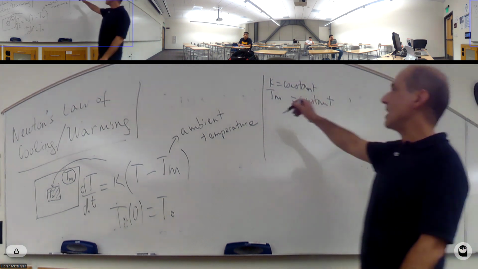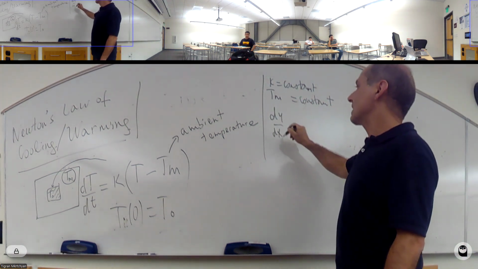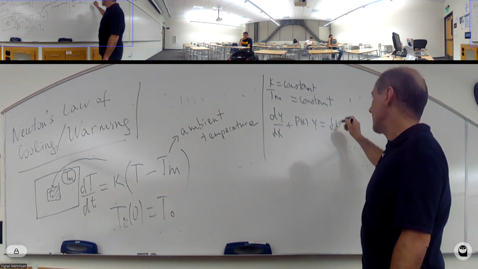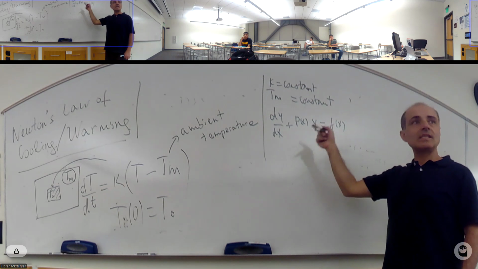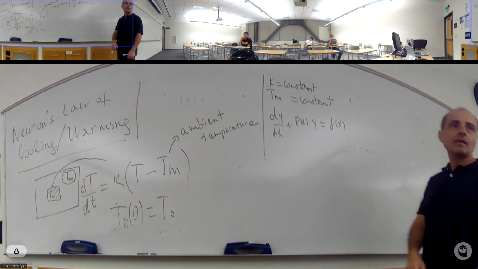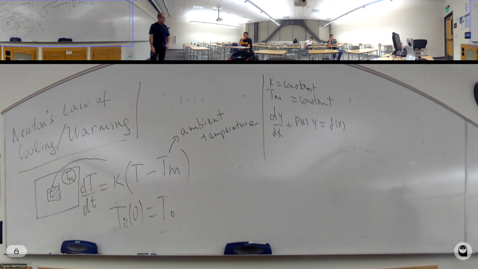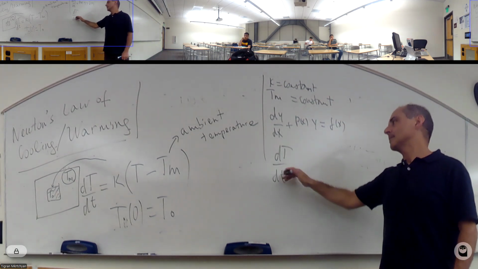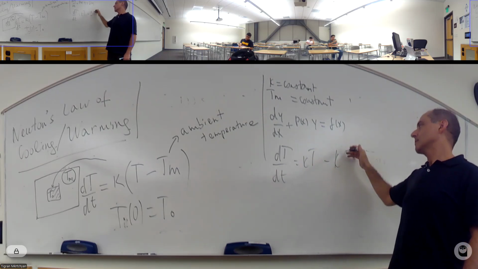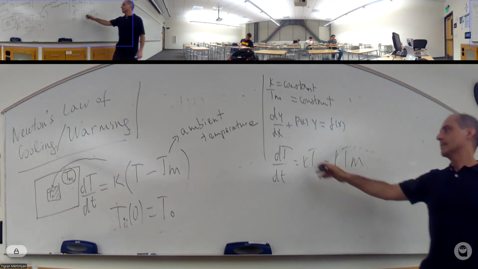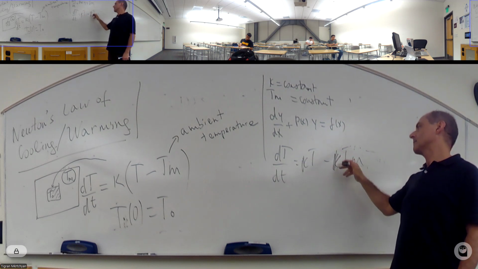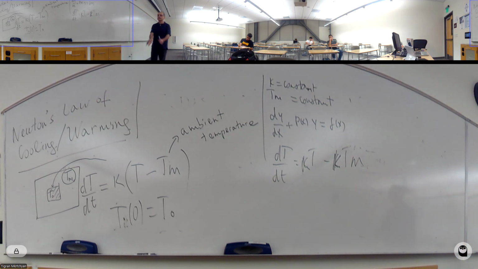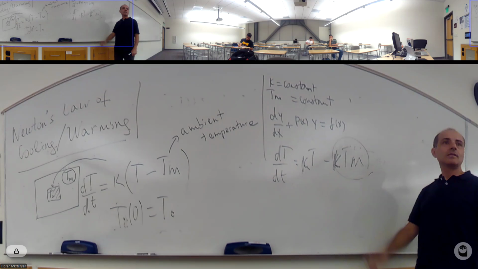How do I rewrite it as dy/dx plus some function times y equals something, where x is t and y is capital T? Distribute the K. This is just a number, right?